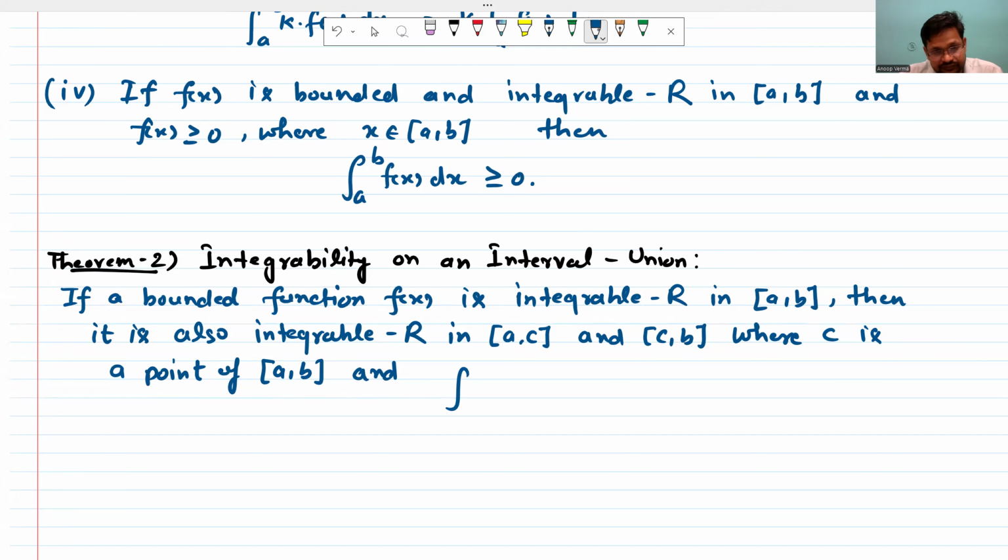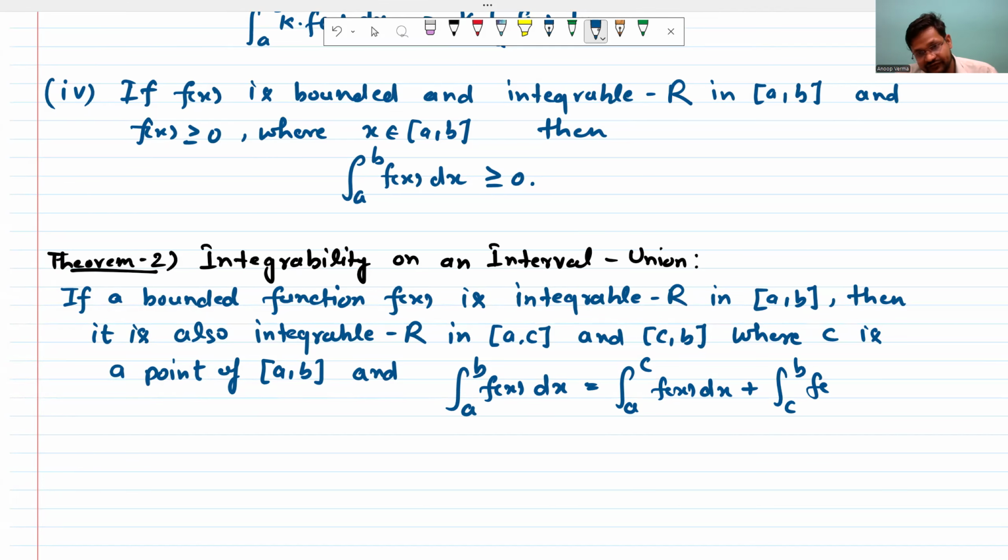And the value of this integration will be equal to the integral from a to c of f(x) dx plus the integral from c to b of f(x) dx.